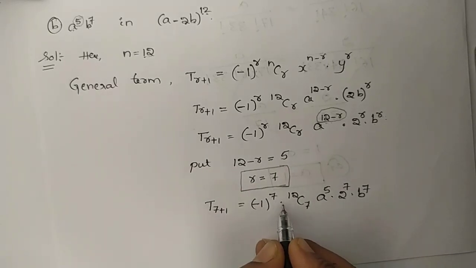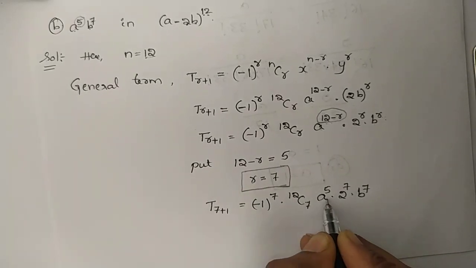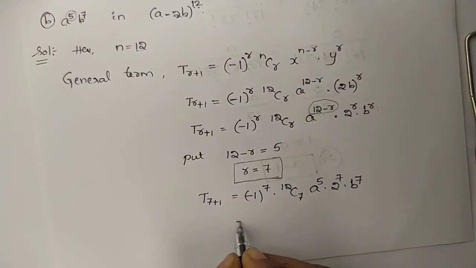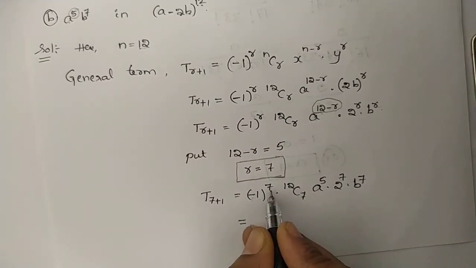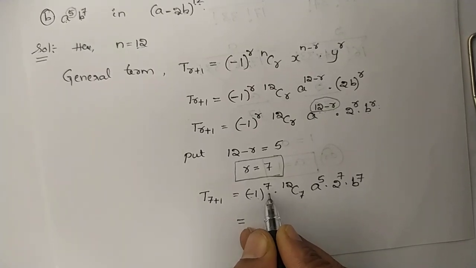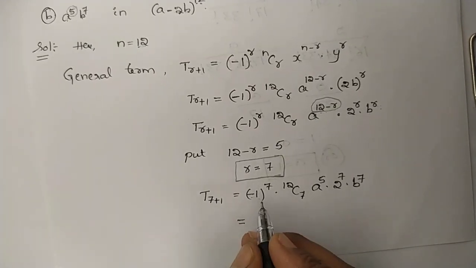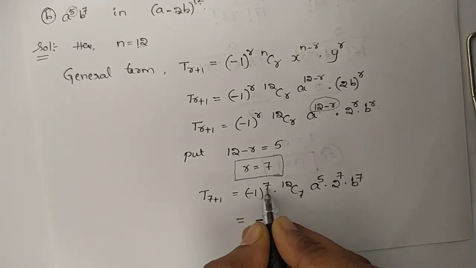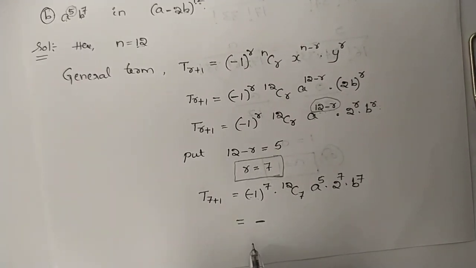So minus 1 whole power 7 into 12C7 a power 5 into 2 power 7 into b power 7. Minus 1 whole power 7, that value will be minus only.